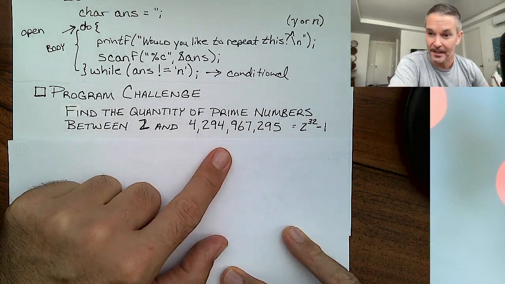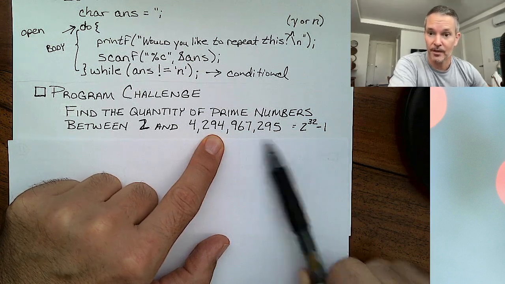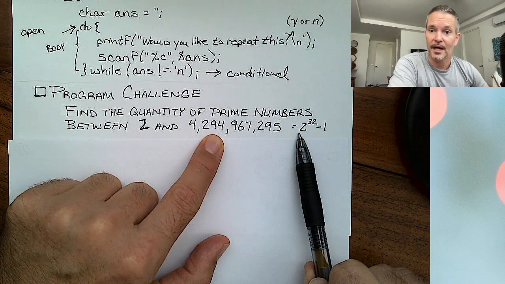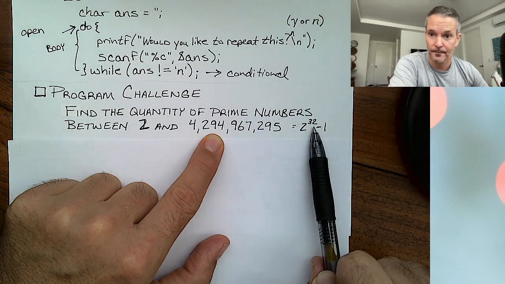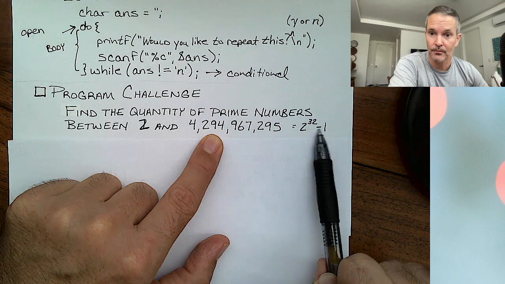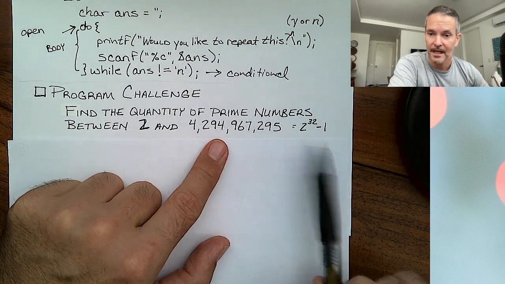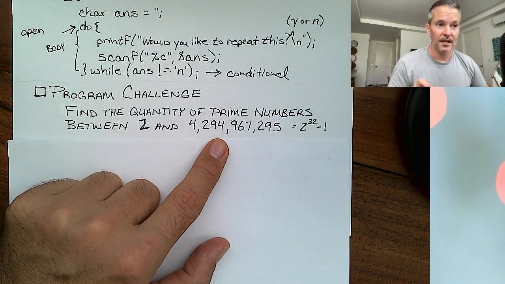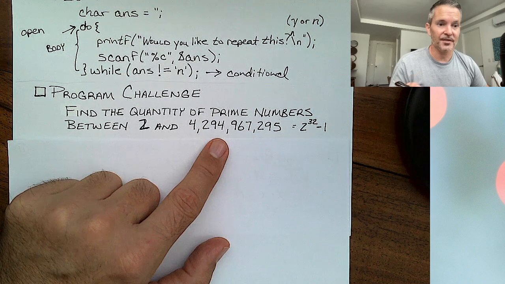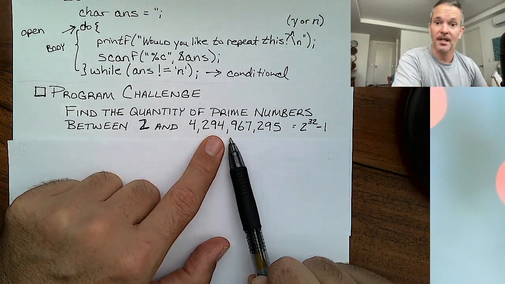Why did I pick that funny number? Well, this is the largest value that can be represented by a 32-bit number. So 2 to the 32 minus 1 equals this big 4 billion number. And if you remember from our lessons on variable types, there are specific variable types that are able to hold a number that is this large. I'll give you a hint.